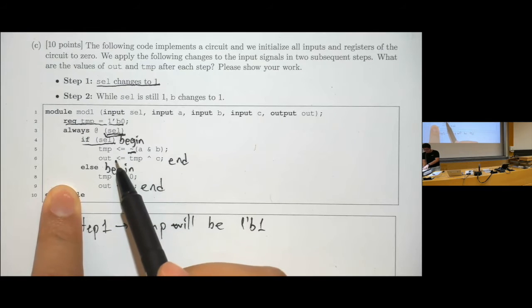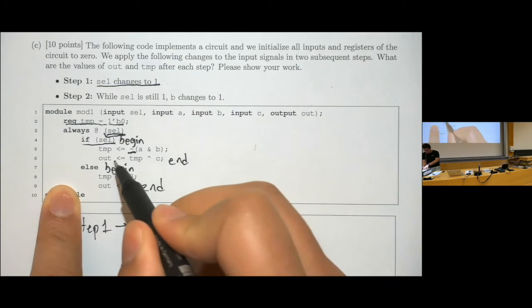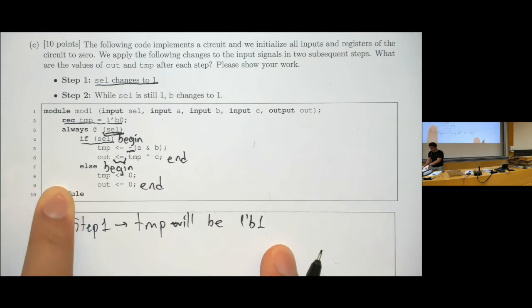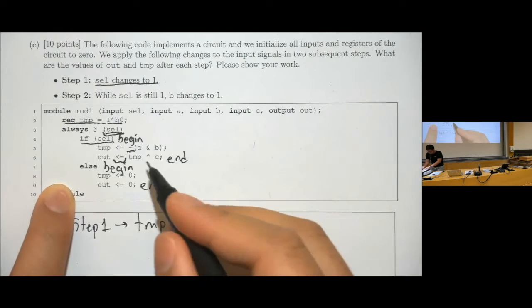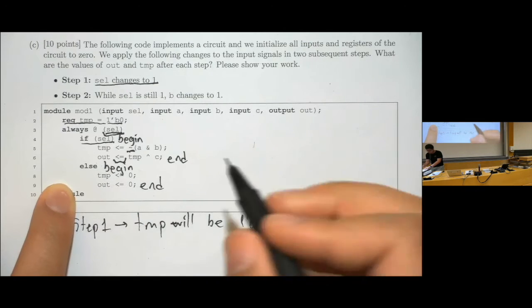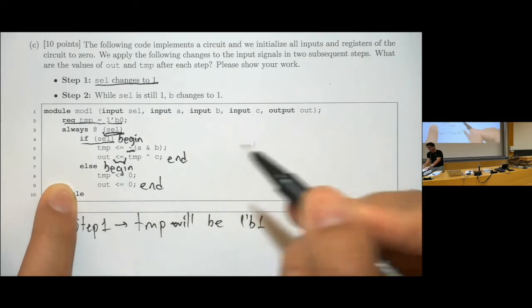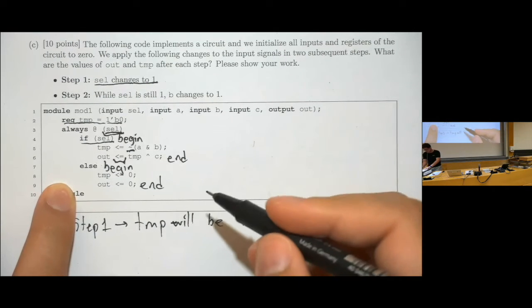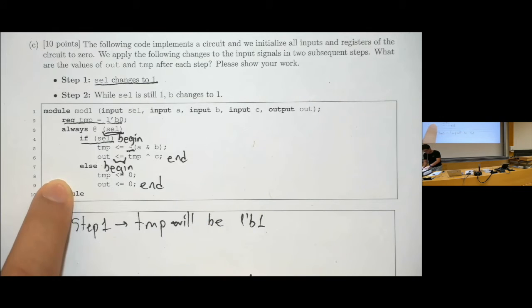But because these are non-blocking assignments, the new value of temp, which is 1, is visible only at the end of this always block. So this statement will still operate on the earlier value of temp, which is 0. Is that correct?